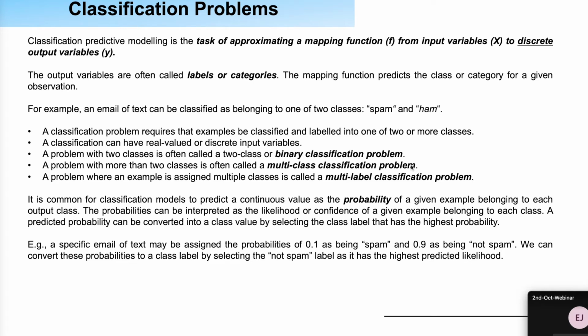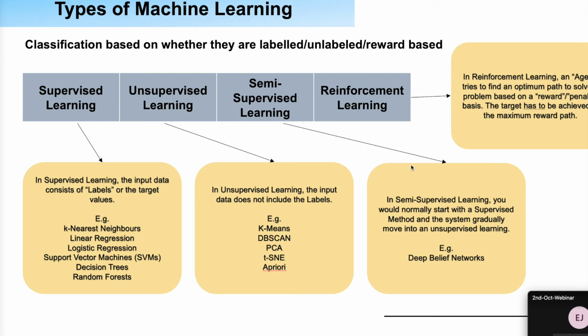The classification problem is slightly different. Here also, the regression problem, as you got from the example, is an example of a supervised learning process, right? So going back to the classification of the different machine learning techniques, we said that in supervised learning you have predictor features and a target feature, right?